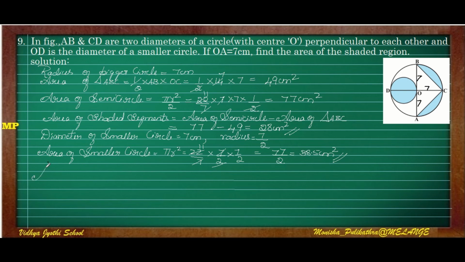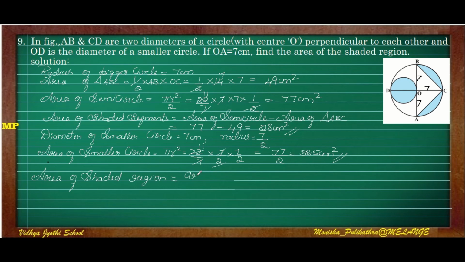So we have to find out the area of shaded region entirely. Here this shaded region and this shaded region which we have obtained, we have to add.